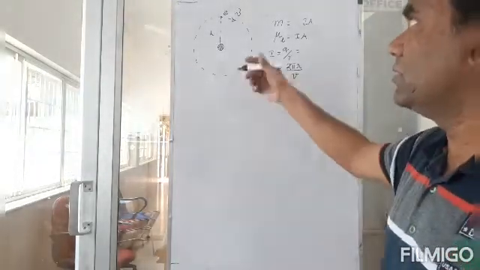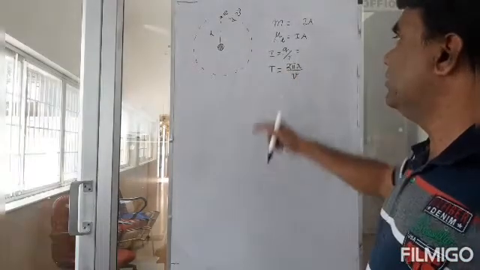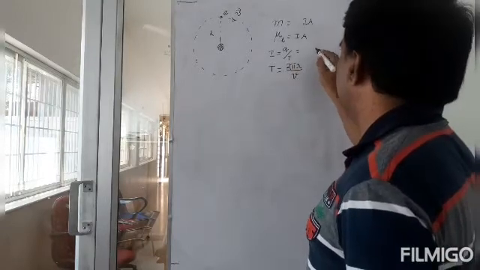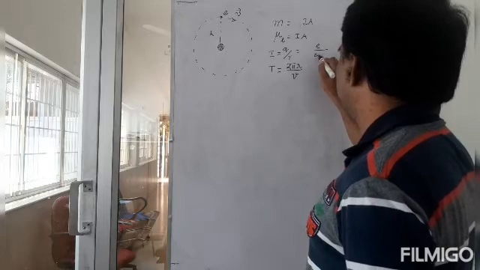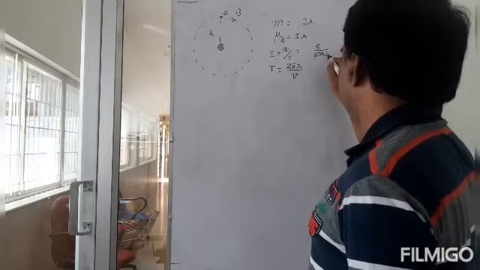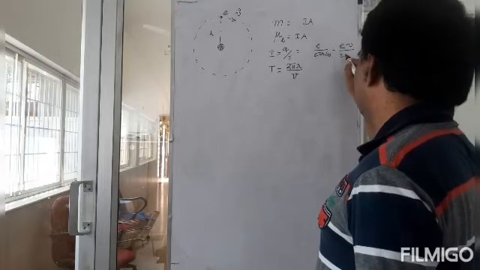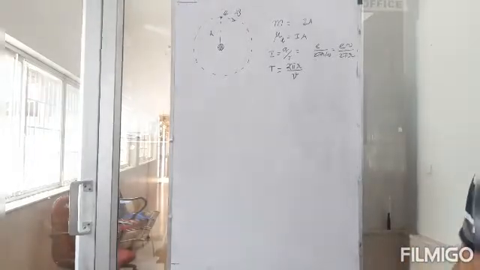Is that clear? So 2 pi r by v will give me the time. Then the current is simply E divided by 2 pi r by v, which gives me EV by 2 pi r. So that's the current.